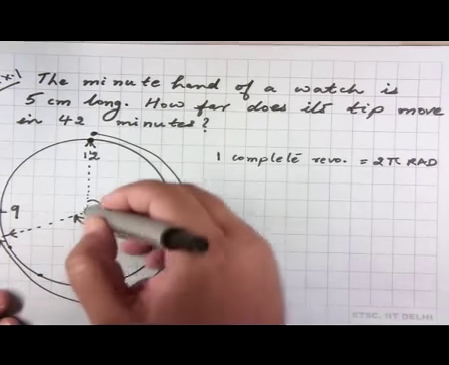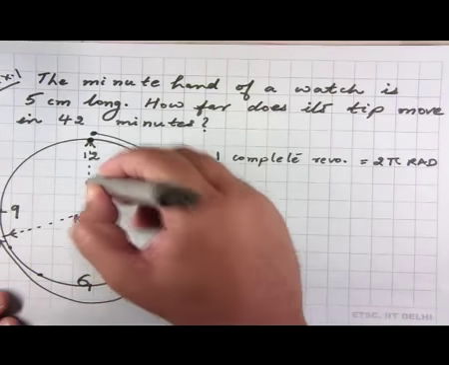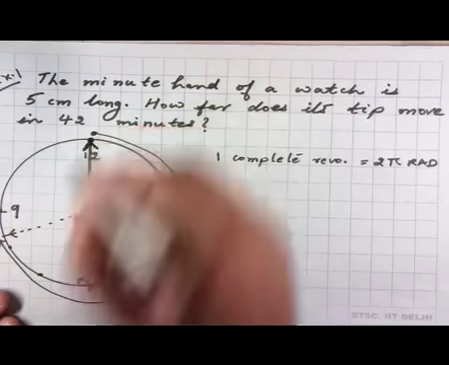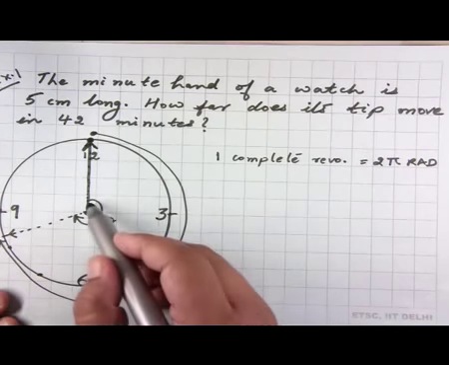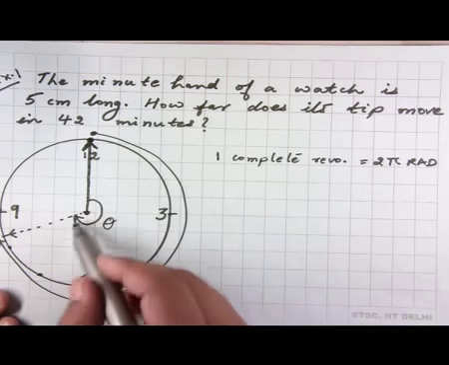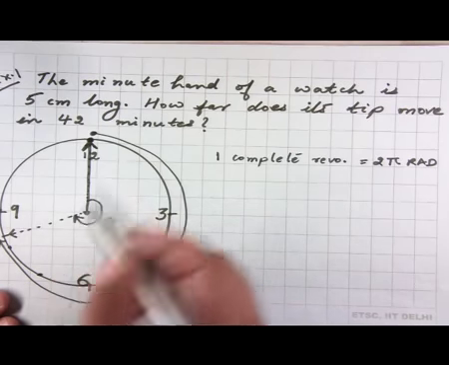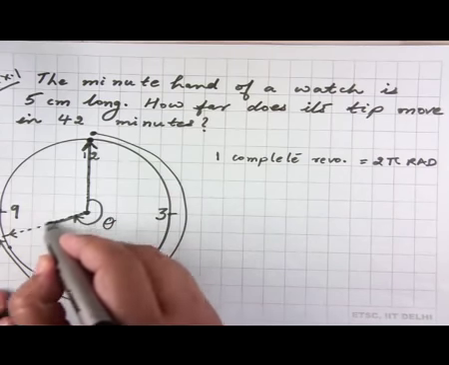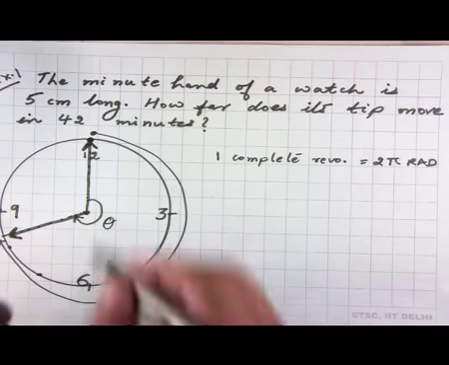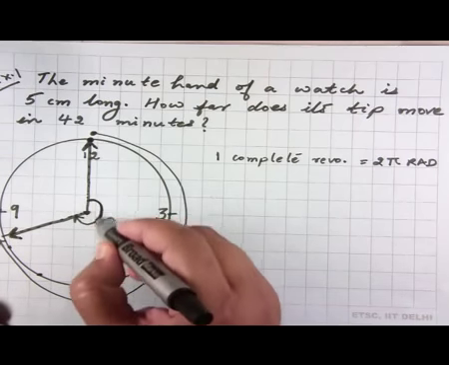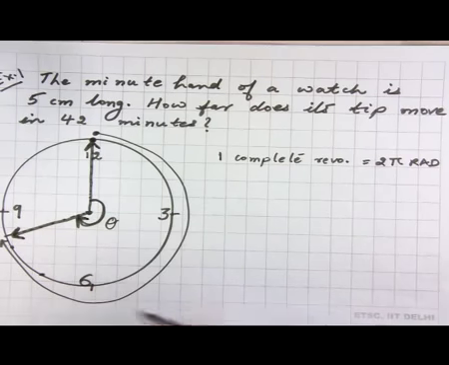Let us assume that the minute hand was at this position to start with, and then it has to rotate by some angle, and then finally, after 42 minutes it would reach here. So, let us first try to find out this angle of rotation.